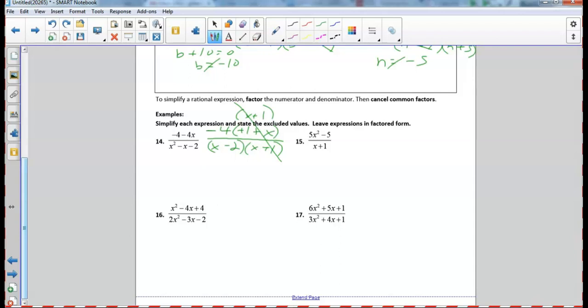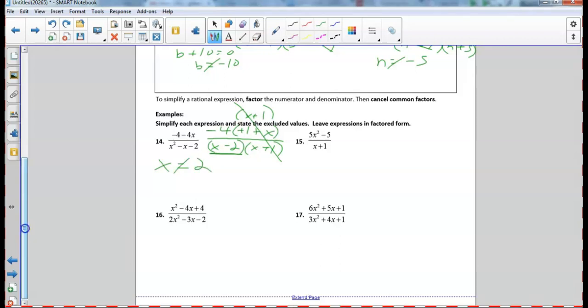But sometimes the first number you pull out will not be the best number. You might think, hey, just pull out a 4. That's fine, but it doesn't work out. And now, we only have x minus 2 left on the bottom, so what can x not be? It can't be a positive 2, because 2 minus 2 is 0.